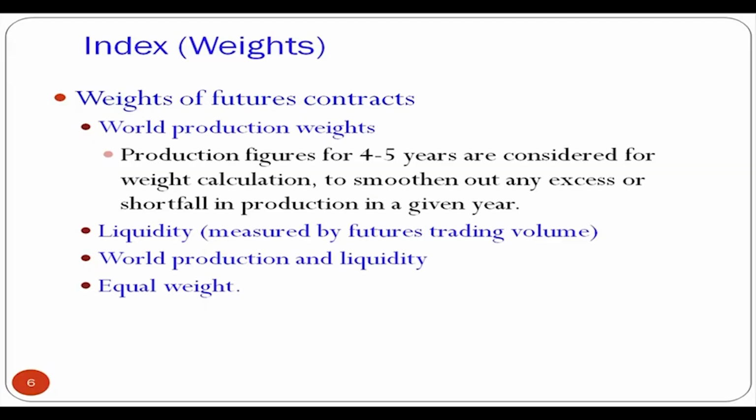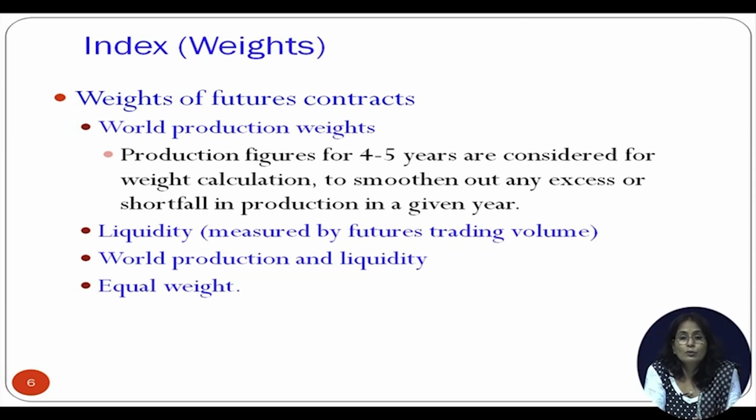Now the second decision which the index advisory committee has to take is with respect to the weights of the futures contracts. Let's say the committee decides that the crude oil futures contract is definitely going to be part of an index. Along with crude oil, let's say it decides on 10 other futures contracts, say gold, soybean, maybe cadmium, almond, and so on and so forth.